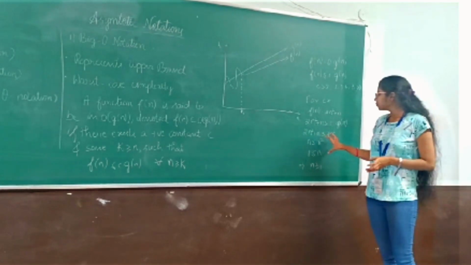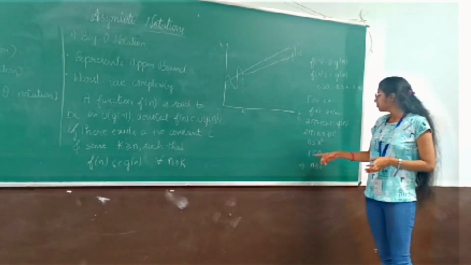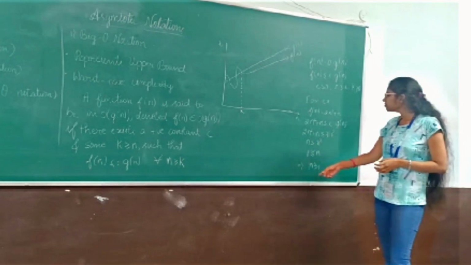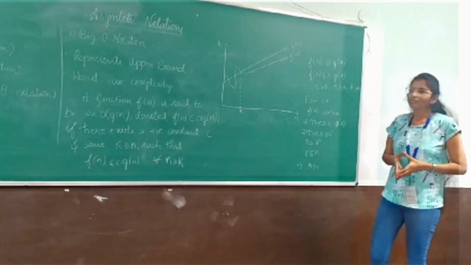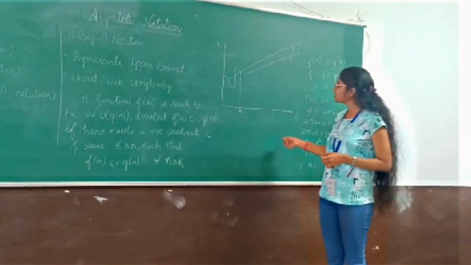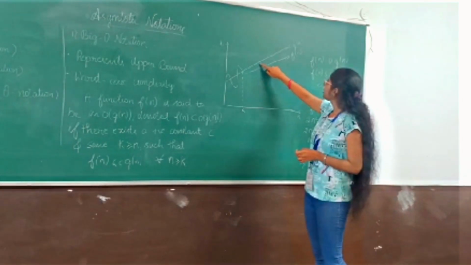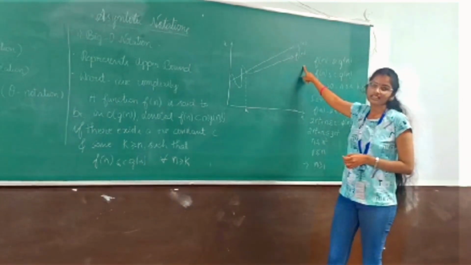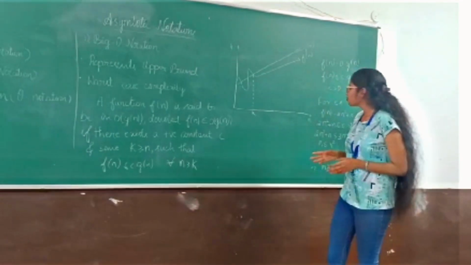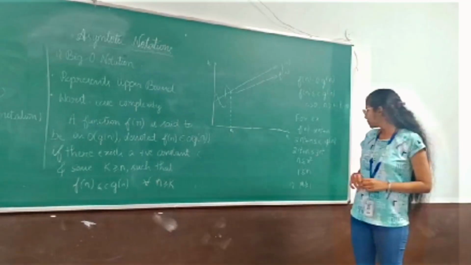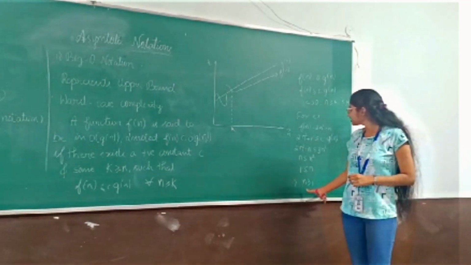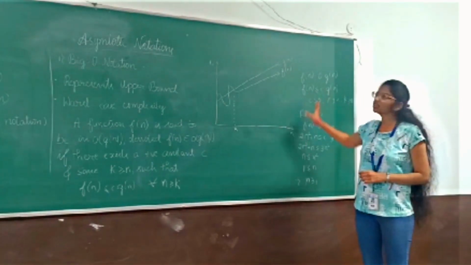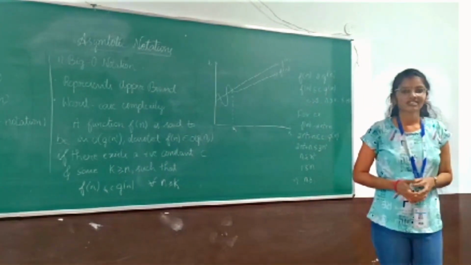Dividing both sides by n, we get 1 less than or equal to n, which is n greater than or equal to 1. So for all values of n greater than or equal to 1, this represents the upper bound c times g(n), and f(n) is always less than c times g(n). For all values of n greater than or equal to 1, this condition holds good. So this is big O notation.